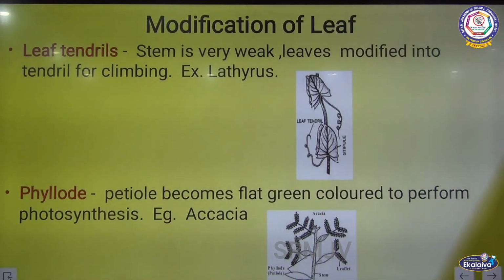And in xerophytes, in Acacia, in the picture you can see at the base of the petiole a flat portion at the node from which it arises. It is nothing but the petiole which has become flat, green in color, and it performs photosynthesis.